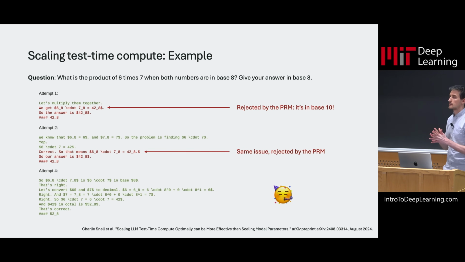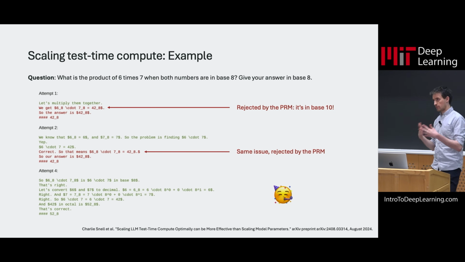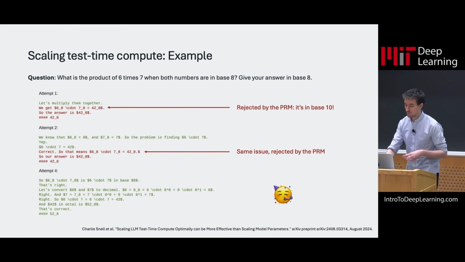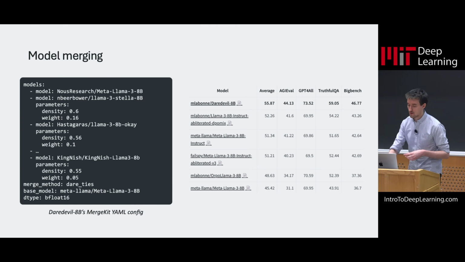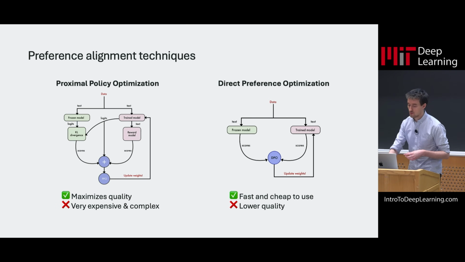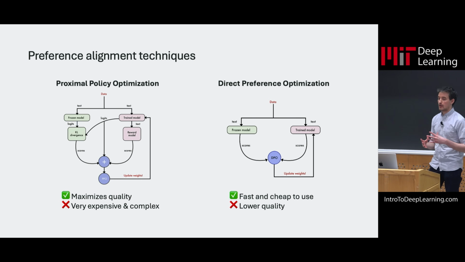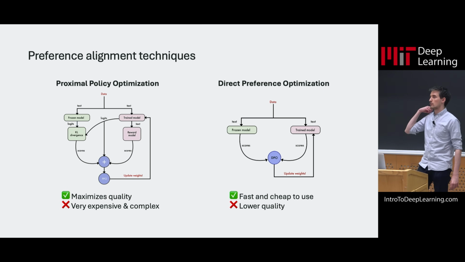Reward model is something that happens during preference alignment. If you remember the diagram with PPO, you see here that during training, we actually have a reward model. And this reward model is specifically trained to take text as input and produce a number between 0 and 1 to give you a score.